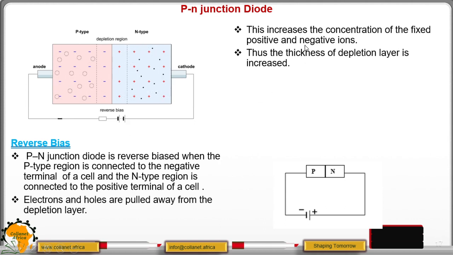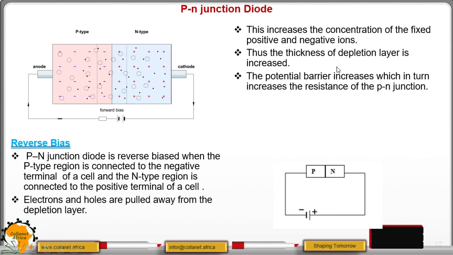In other words, when you interchange the terminals like this, with the negative on the anode, the depletion layer is increased, and you can see how the recombination is occurring. This simpler diagram shows that the p-type is connected to the negative and the n-type is connected to the positive in reverse, and the depletion layer is thickened.